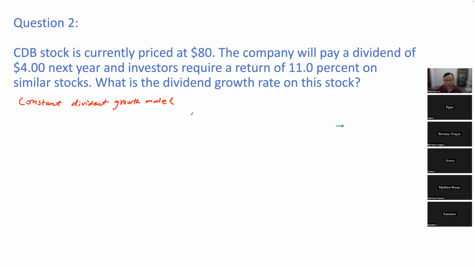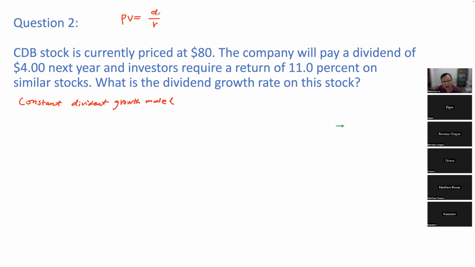Basically in this case, you're going to make a little bit of adjustment to the original constant dividend formula, present value equals the dividend payment divided by R. But now think about that.